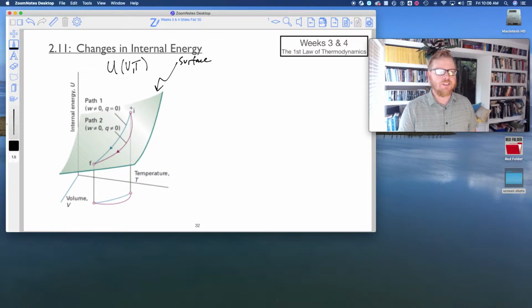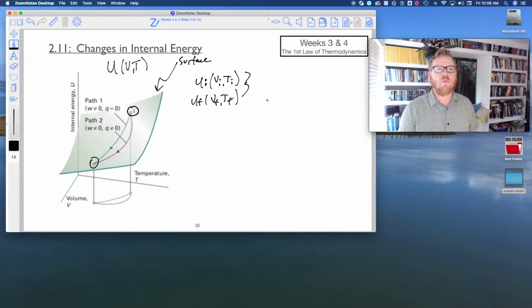Okay, so consider some initial state I, given by Ui, which of course would have Vi and Ti, and then consider some final state Uf, which would have Vf and Tf.